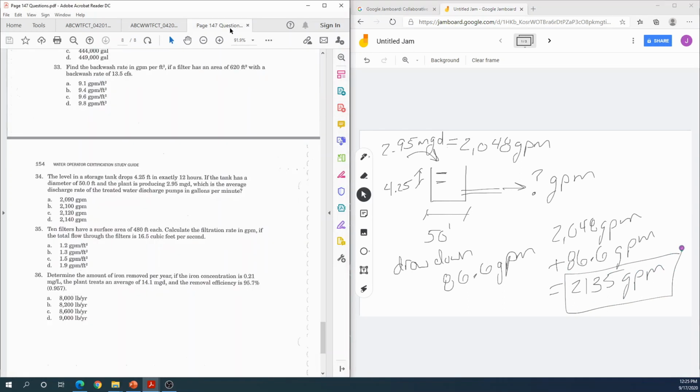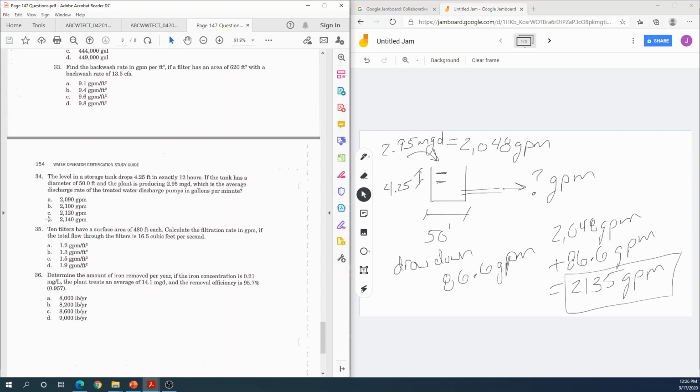And let's see if we did this right. 2,135, we'll round that up to 2,140, and that's D. So we evacuated a total of 2,140 gallons per minute. That was the discharge rate of our pumps.